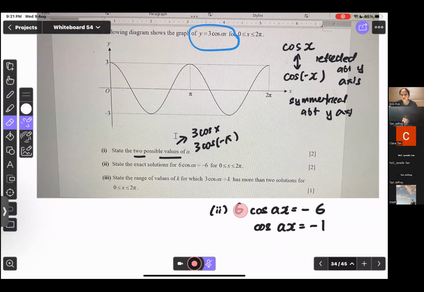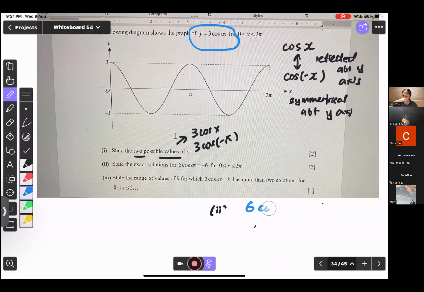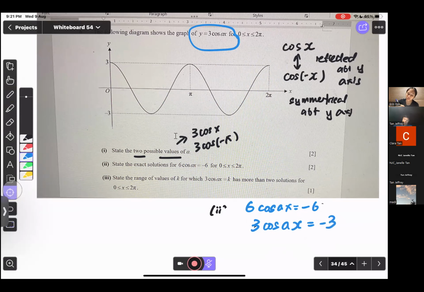Sorry. 6 cosine ax equals to -6. If I divide by 2, it's the same as looking at when 3 cosine ax equals -3. The reason I do this is because the graph I'm using is 3 cos ax. So you want to see when 3 cos ax equals -3, right?